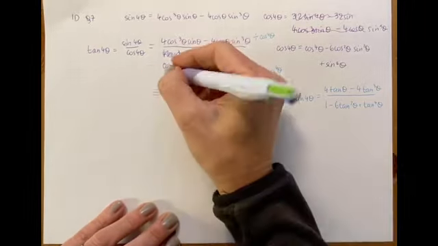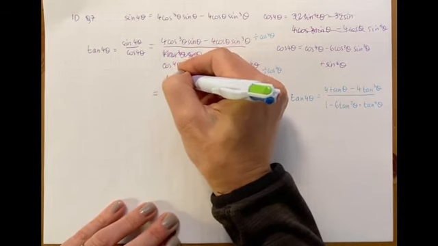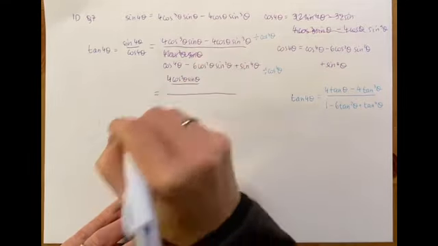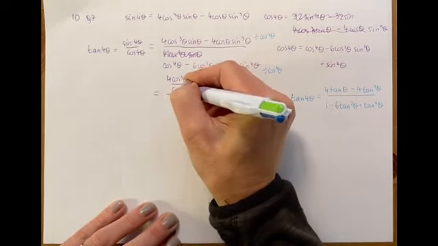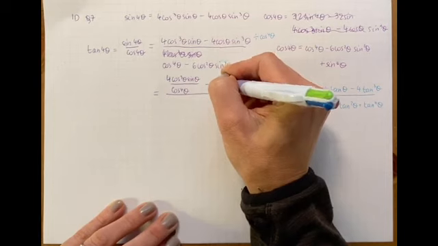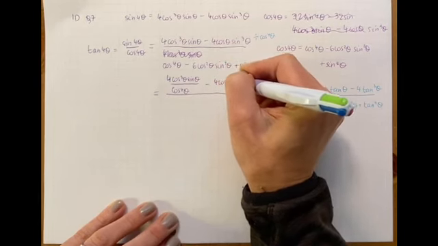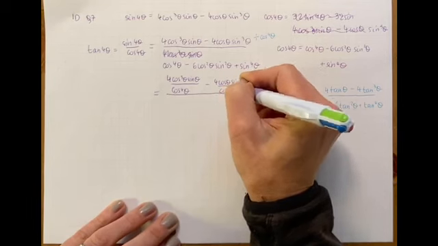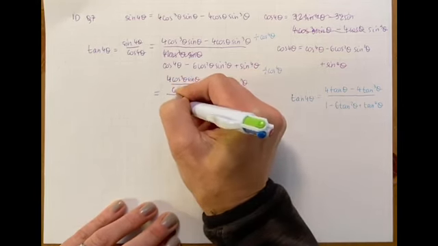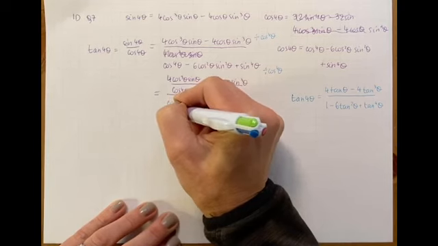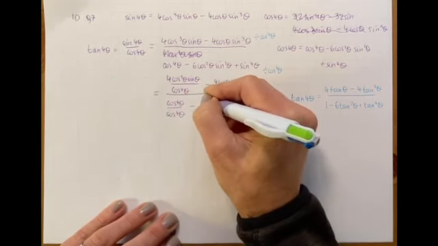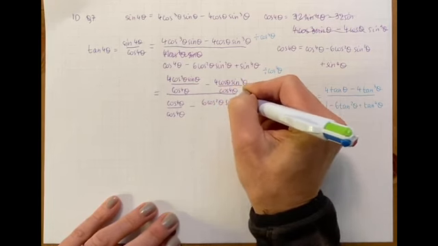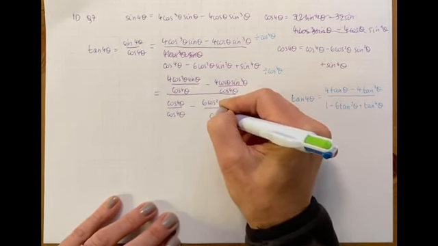Let's write it the long way. 4 cos cubed theta sine theta divided by cos to the power 4 theta. Then 4 cos theta sine cubed theta, also divided by cos to the power 4 theta. Then cos to the power 4 theta divided by cos to the power 4 theta. Then minus 6 cos squared theta sine squared theta, also divided by cos to the power 4 theta.